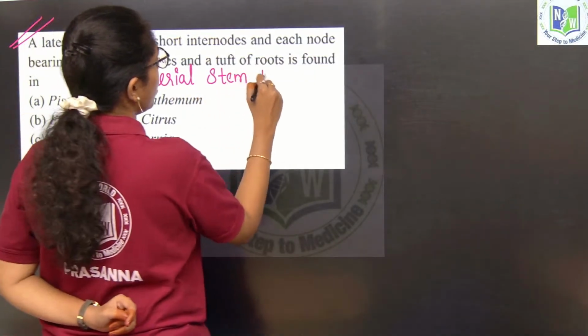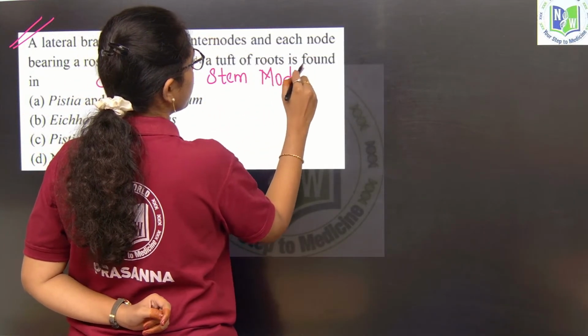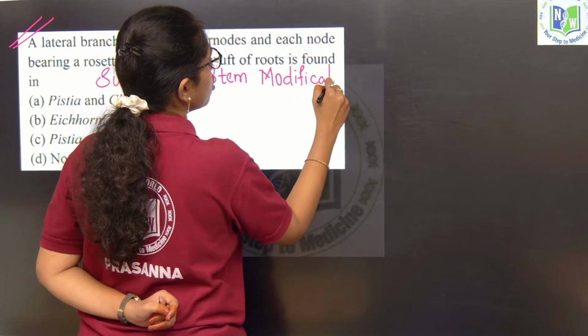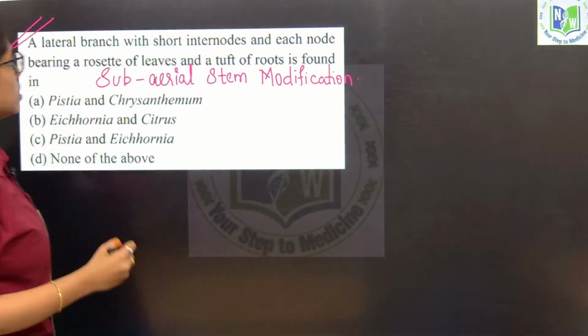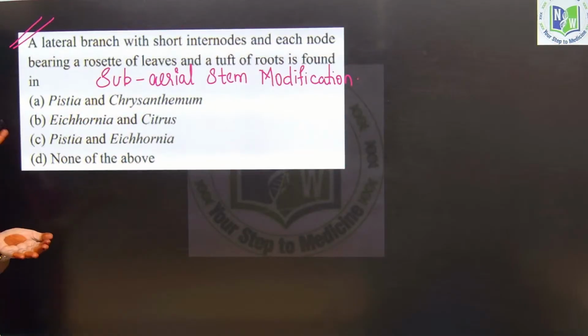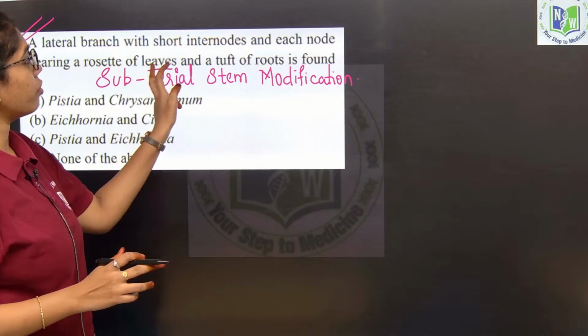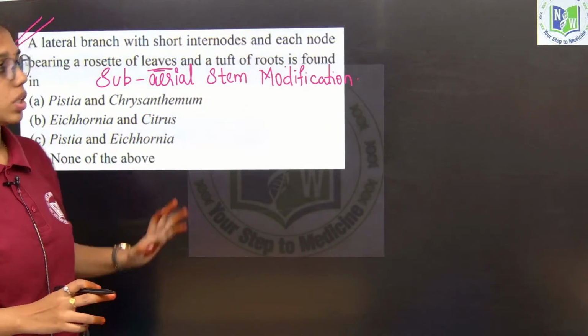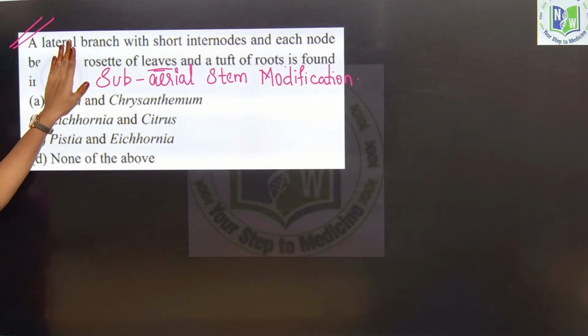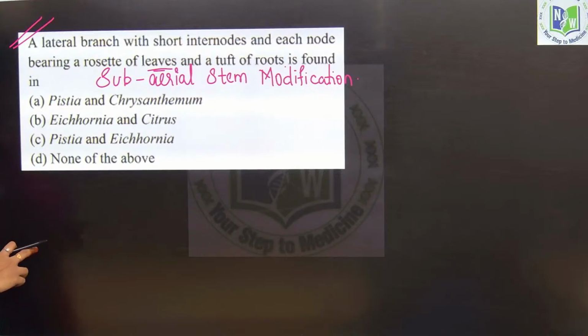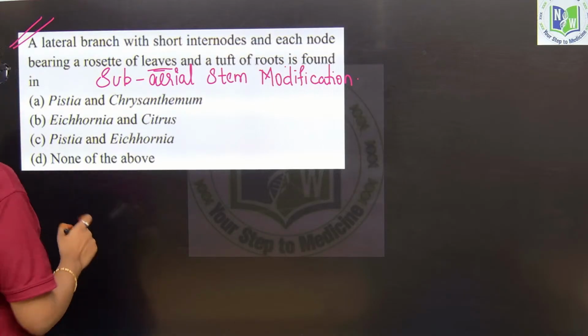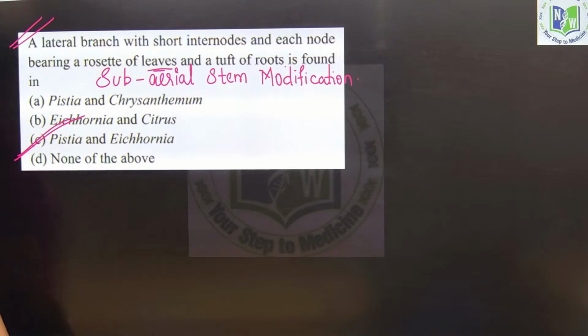This is the subaerial stem modification, wherein it has short internodes and each node is having what? Rosette of leaves and tuft of roots. So examples of this type of subaerial stem modification include what? Pistia and Eichhornia. Option C is the right answer.